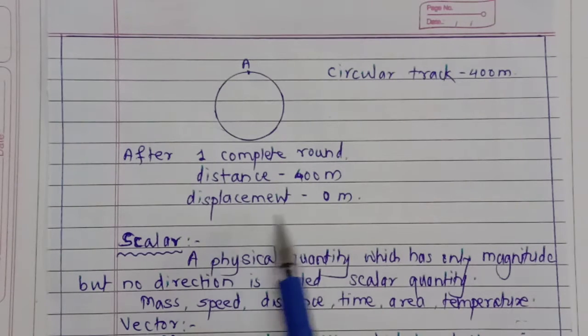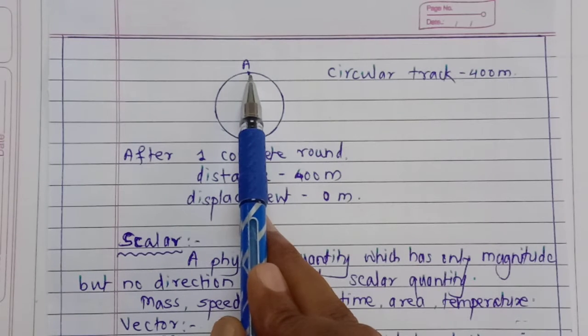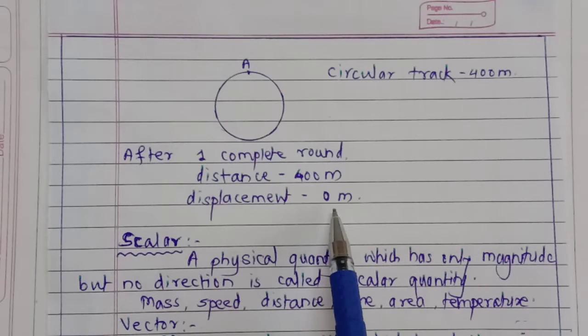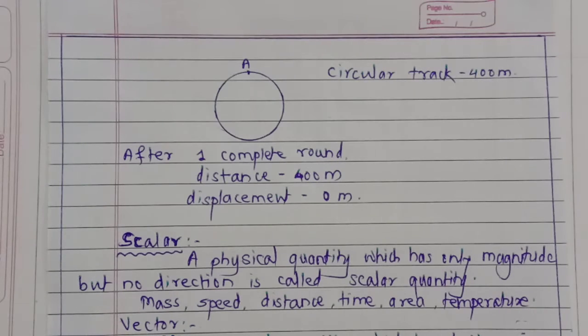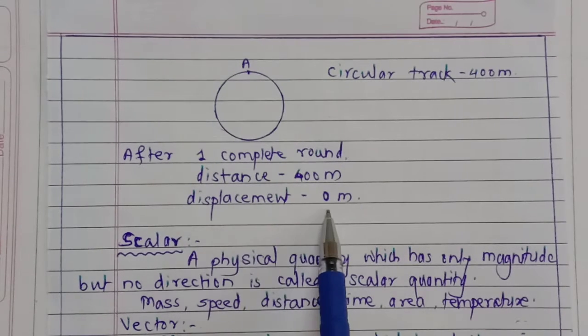But displacement is 0 because the starting point is the final point. So displacement is the distance between the initial and final point of the motion, and that distance is 0. So here we come to know that displacement can be 0, but distance is never 0.